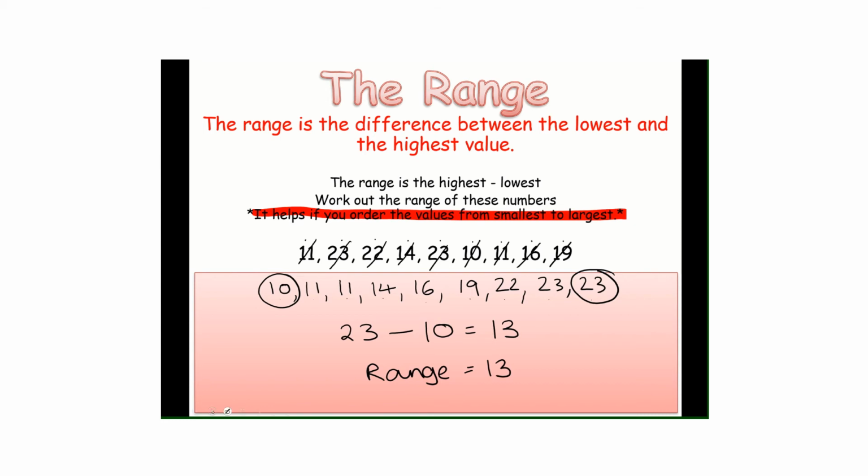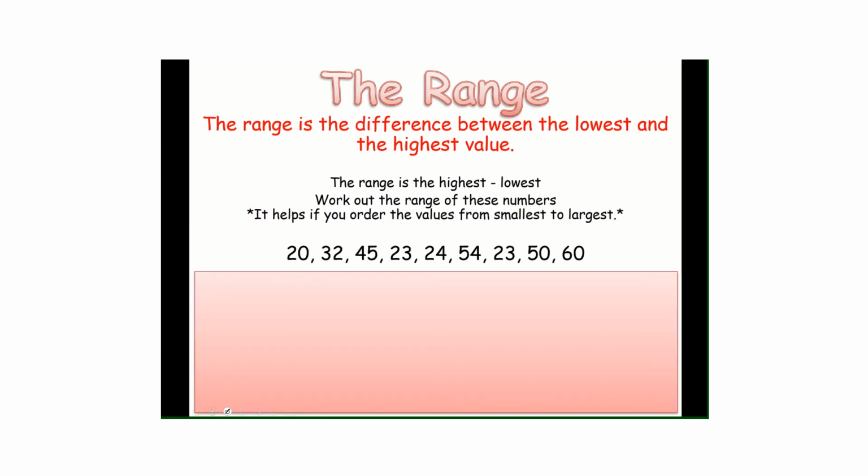I'm just going to do one more example for you. Okay, so again, we're going to write the numbers out in order first. So the smallest one is 20. Then there's a 23. Oh, there's two 23s, look. Then there's a 24. Then a 32. Then 45.